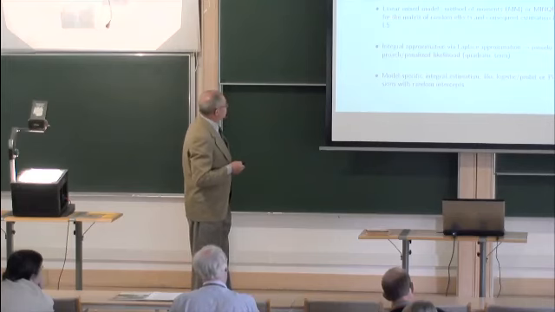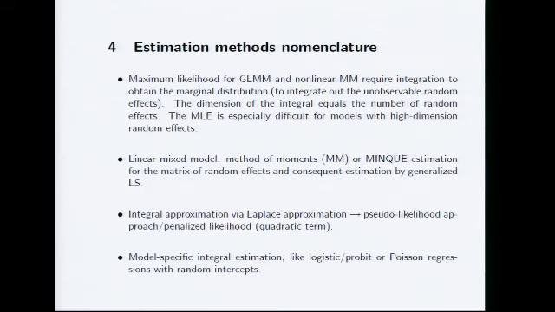For linear models, we have several techniques, such as the method of moments and Q estimation for the variance covariance matrix, the D matrix, and you can basically avoid maximum likelihood.